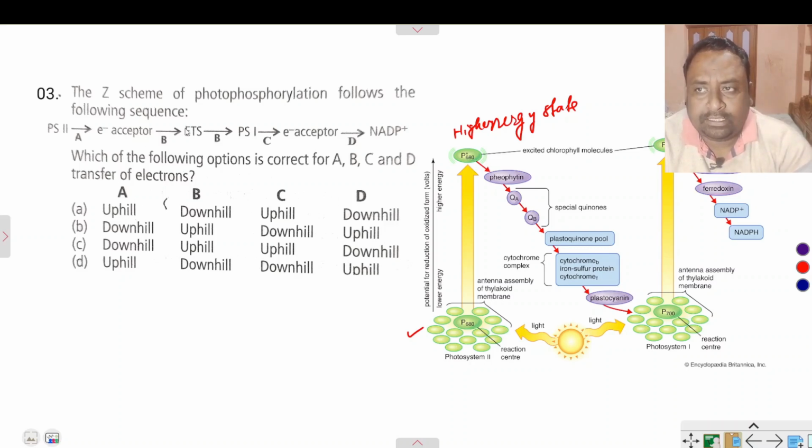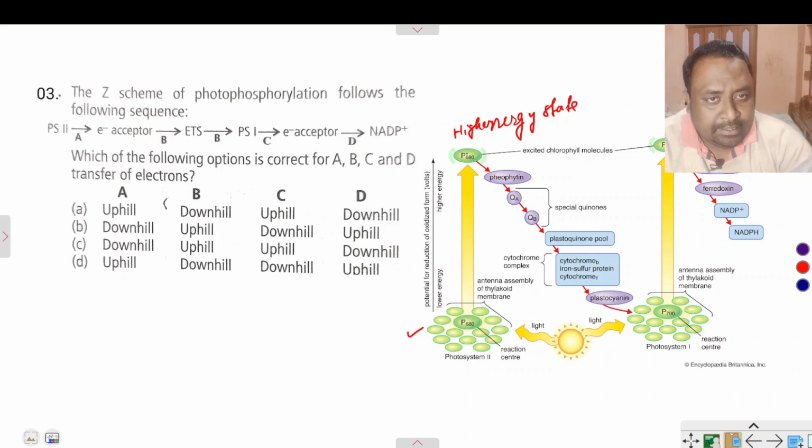Then electron acceptor via the electron transport system to PS1 is a downhill pathway. Then PS1 to the electron acceptor again is an uphill movement, low energy state to high energy state.